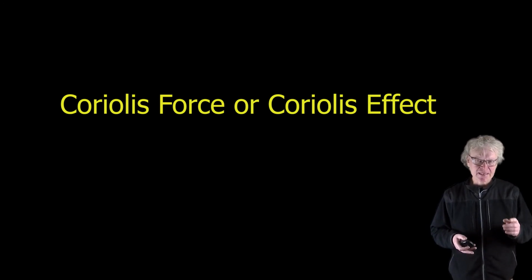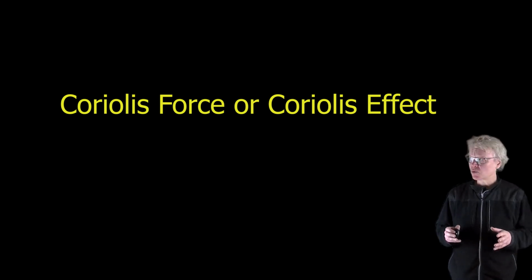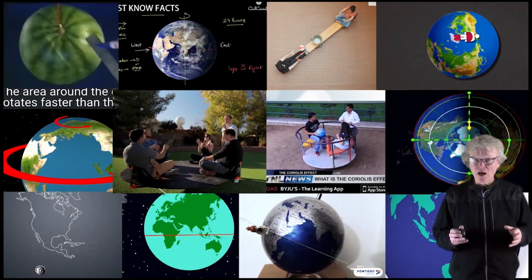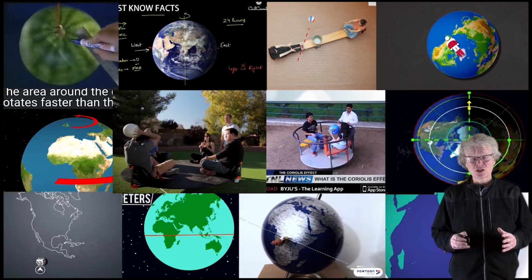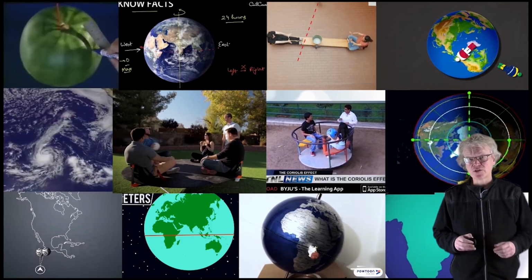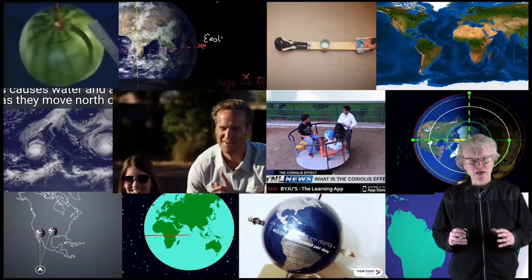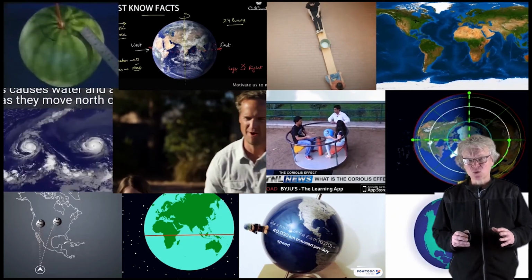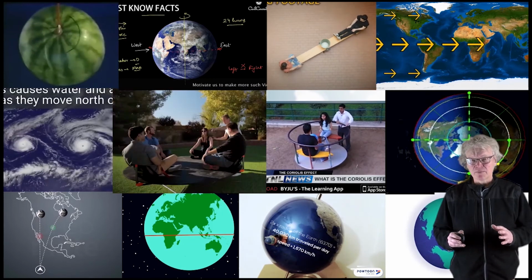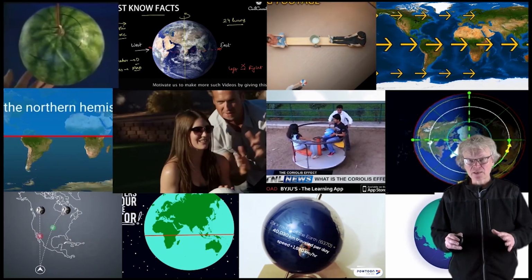Now, this can get very, very complicated. If you do a Google search online, you will see there are dozens of videos about the Coriolis Effect. Most of them involve people throwing balls or watermelons or people on swings and roundabouts.